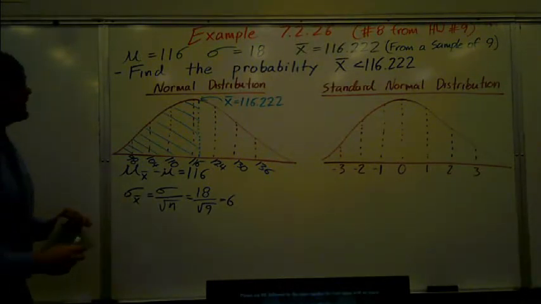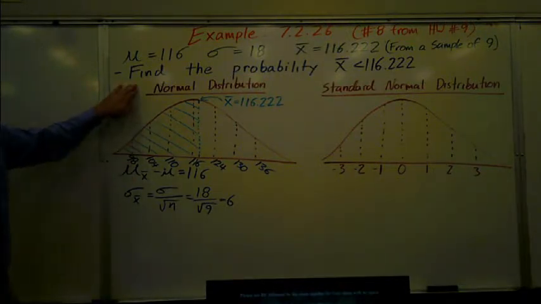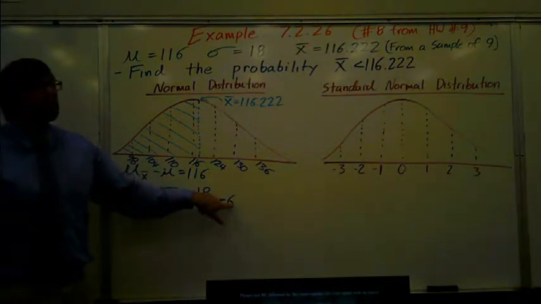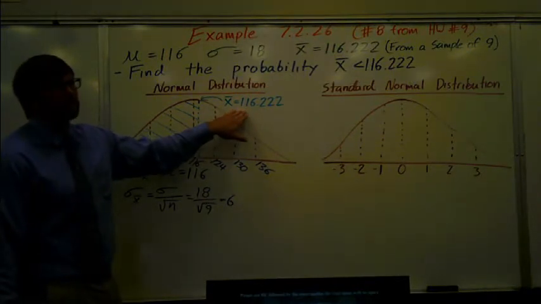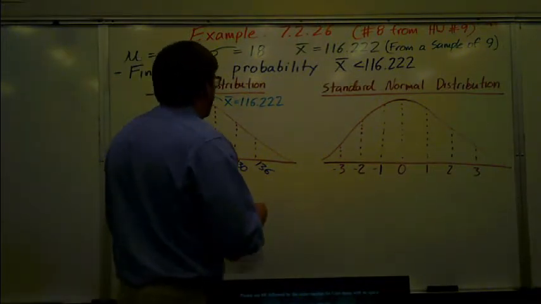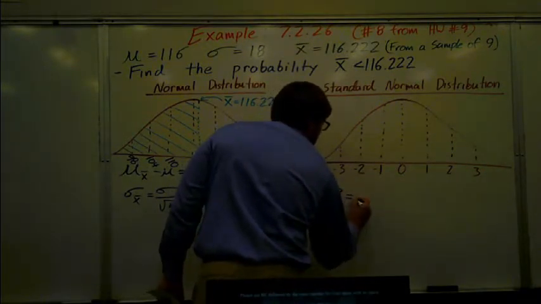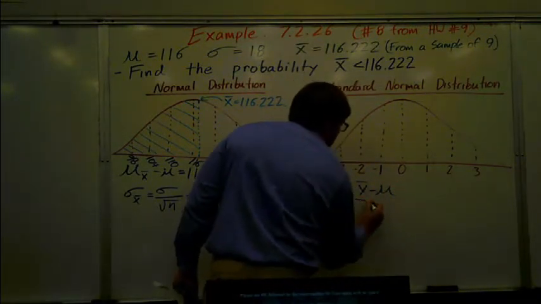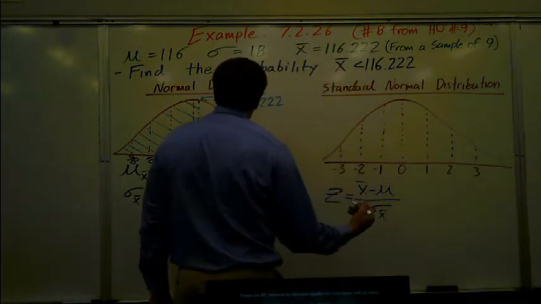Now, the whole issue is that there is no normal distribution table that has a mean of 116 and a standard deviation of 6. So what we have to do is basically change our x bar of interest to a z value of interest. And of course, to do that, we just go ahead and use the formula. The z value is equal to x bar, subtract out the population mean, divided by the standard deviation of the sample mean.